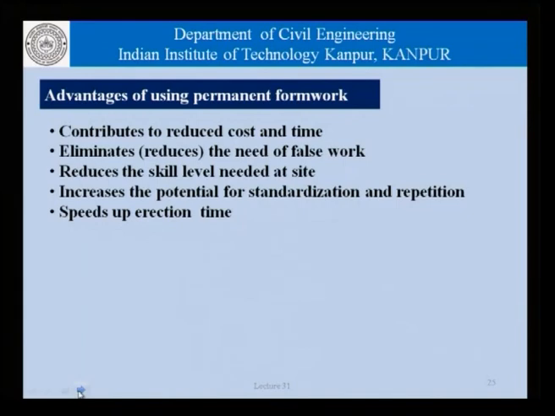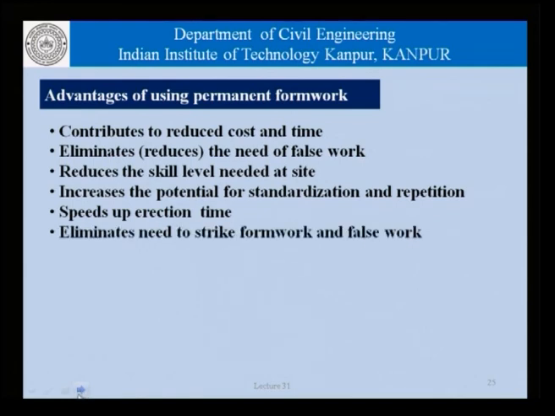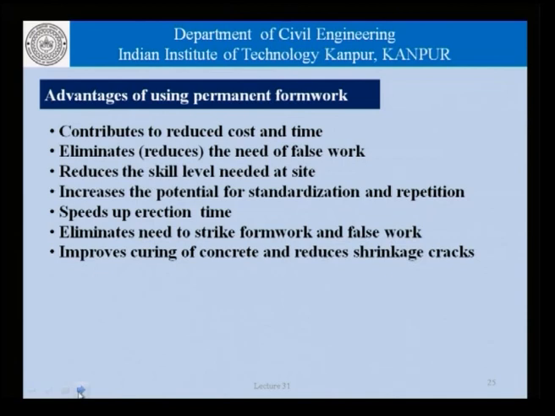Flexibility in concrete construction is, of course, the principal reason why concrete is a popular material, but if we have some kind of standardization as far as sizes and so on is concerned, it will help in ensuring better quality control. Speeds up the erection time, eliminates the need to strike formwork and false work, improves the curing of concrete and reduces the shrinkage cracks.